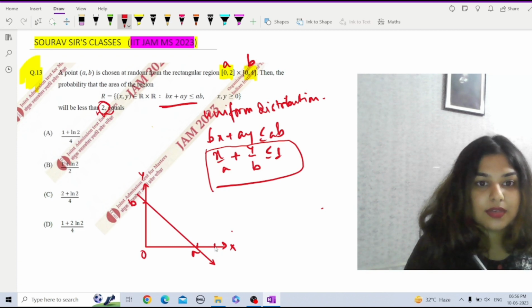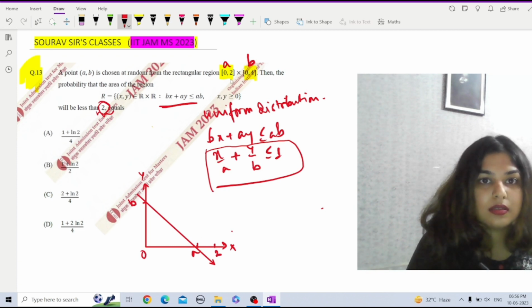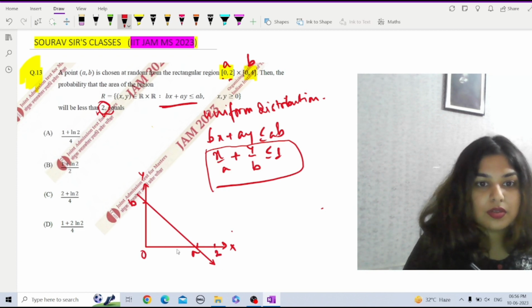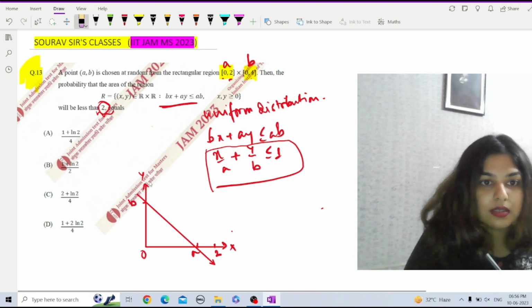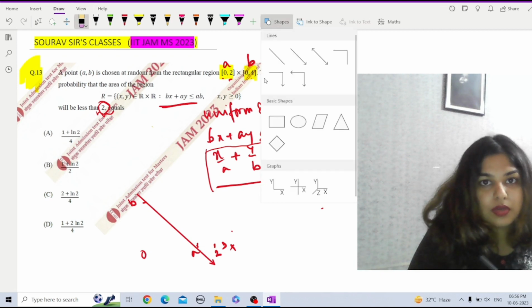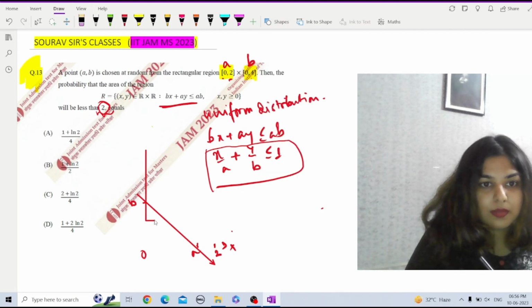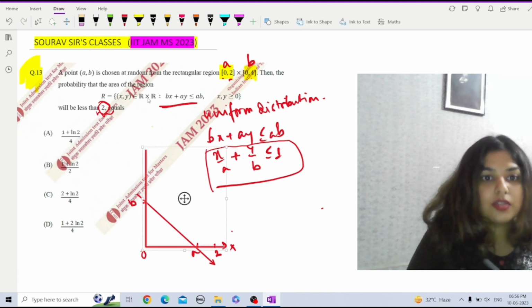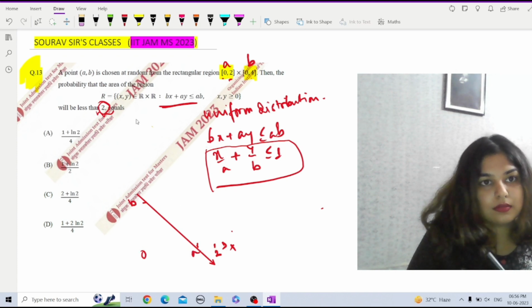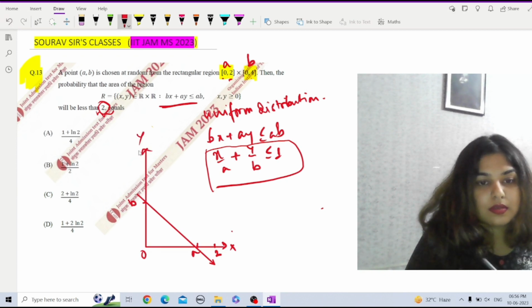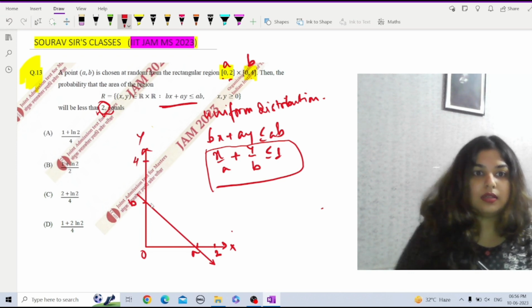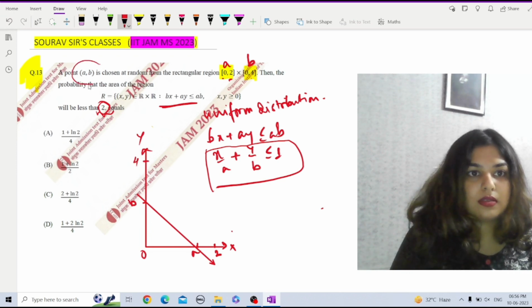So both sides, let us say we are bounded by 0 to 2 and this is 0 to 4. Let's make it better. So this is 4, 0 to 4 and 0 to 2, A and B bounded, so that is the region.